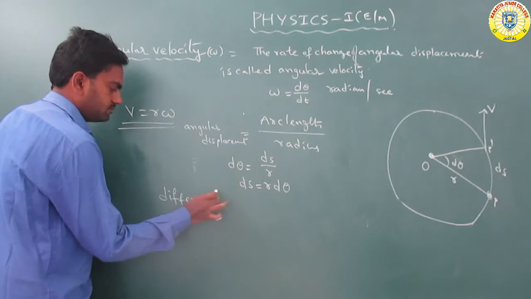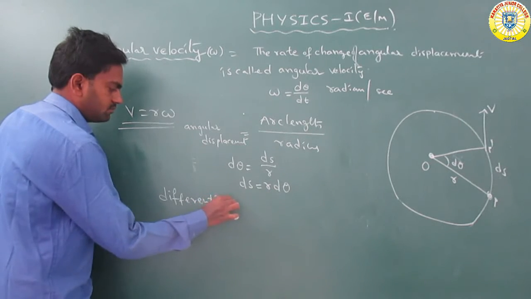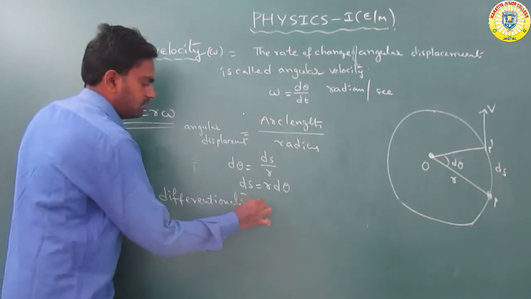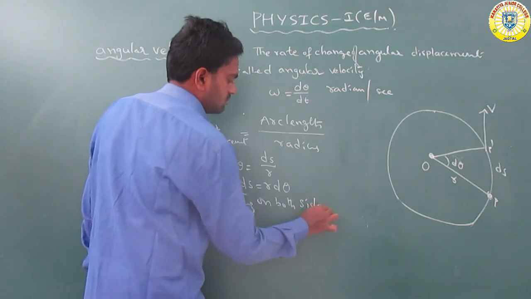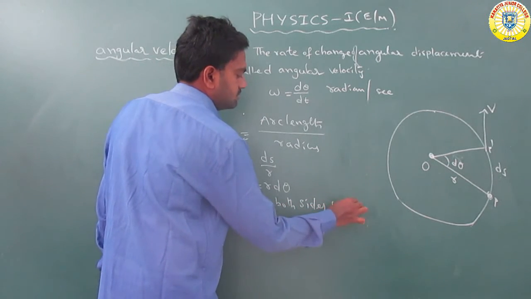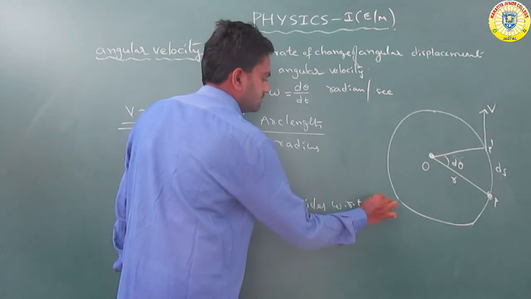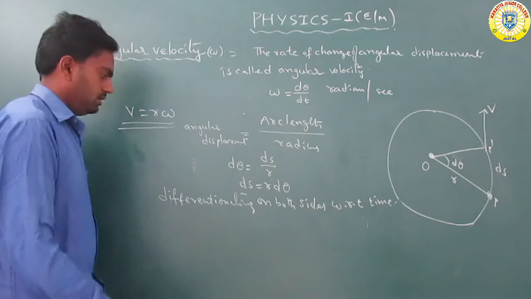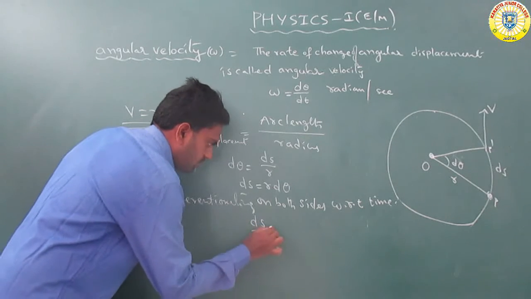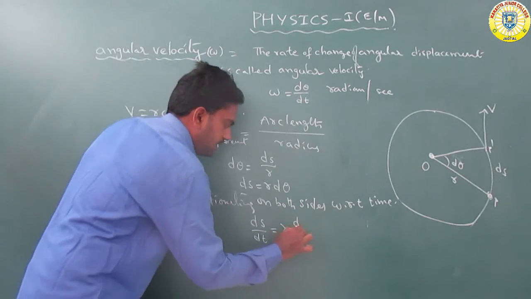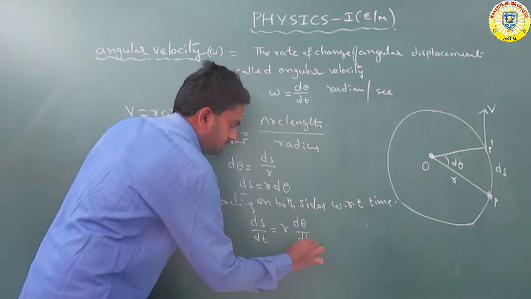Differentiating on both sides with respect to time. We got it. So ds by dt or d theta by dt.